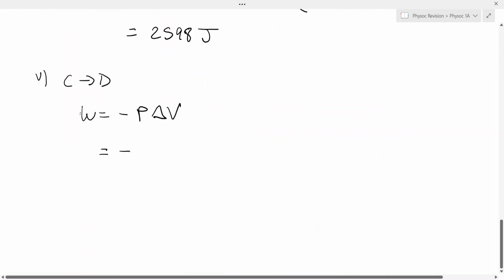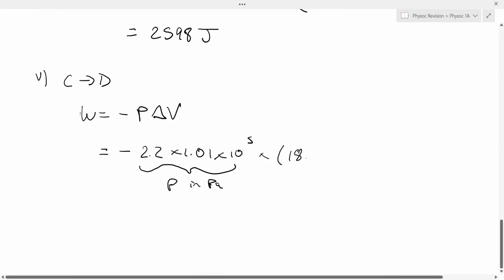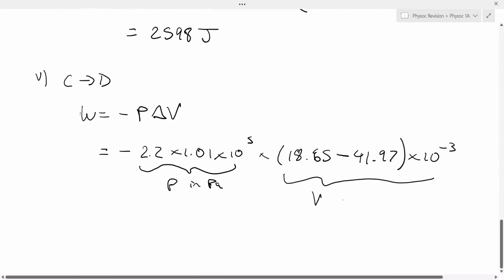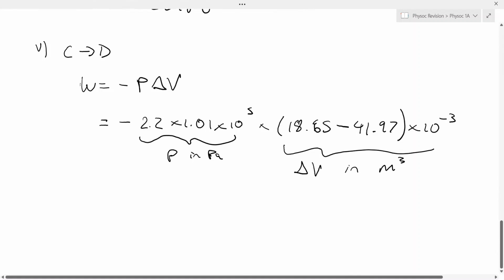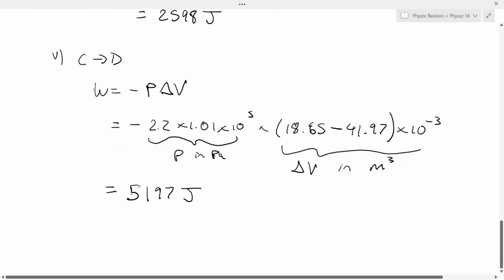So this is equal to negative 2.2 atmospheres, times 1.01 times 10 to the 5, the pressure in pascals, then times our change in volume, which was 18.65 minus 41.97 times 10 to the negative 3, the volume in meters cubed. And this gives me positive work of 5,197 joules.